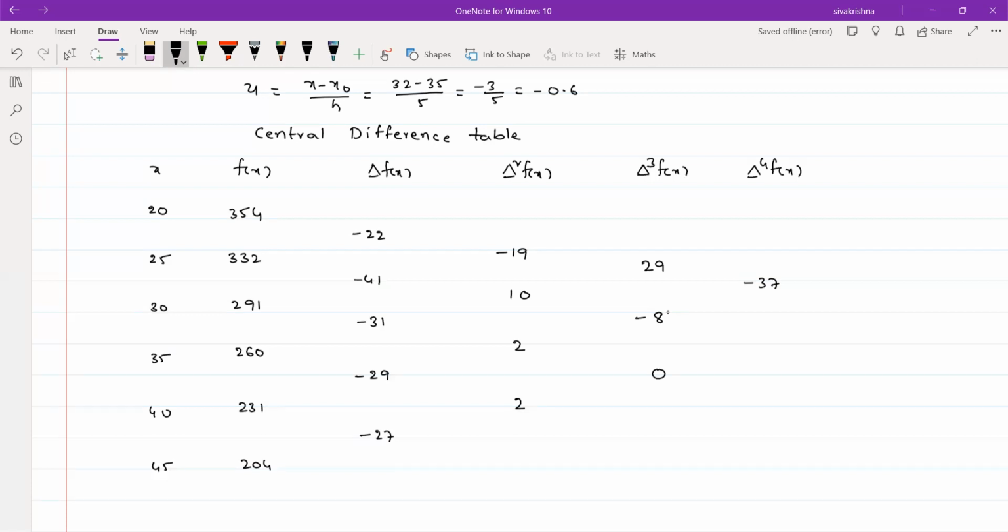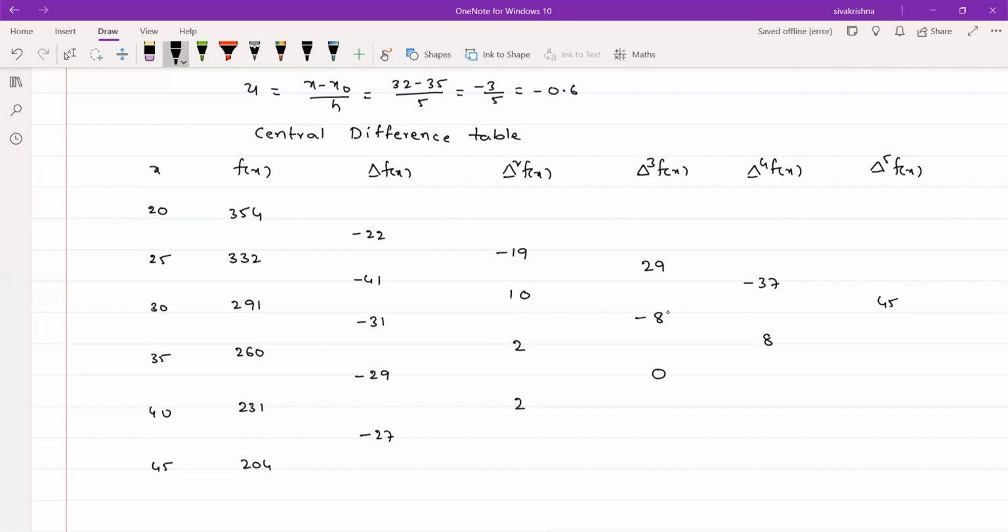And 0 minus of minus 8, that is 0 plus 8, is equal to 8. And finally the fifth difference, delta power 5 f of x, is equal to 8 minus of minus 37, that is 8 plus 37, which is equal to 45. So these are the values in the respective differences.